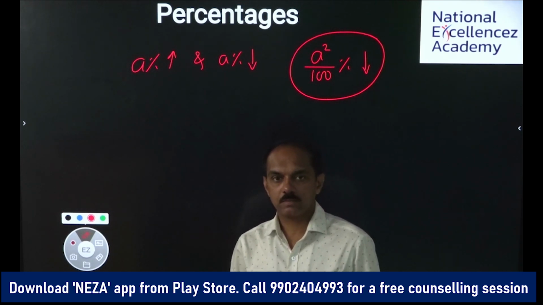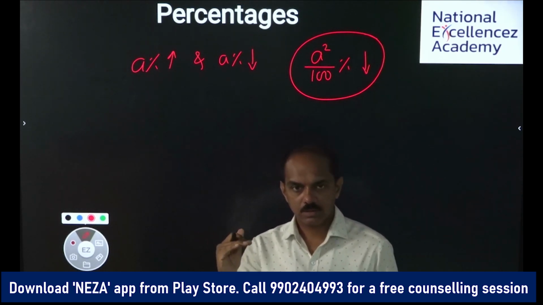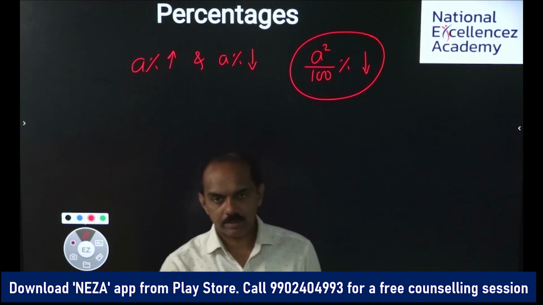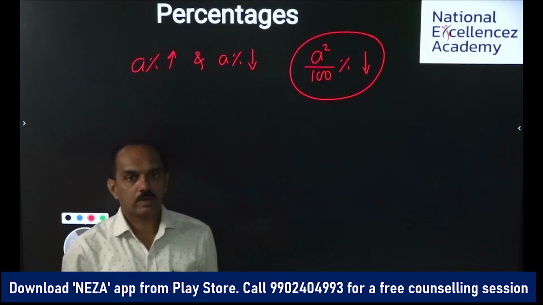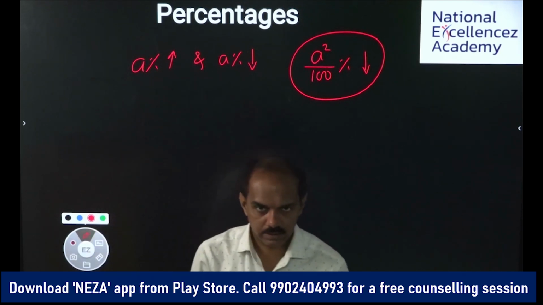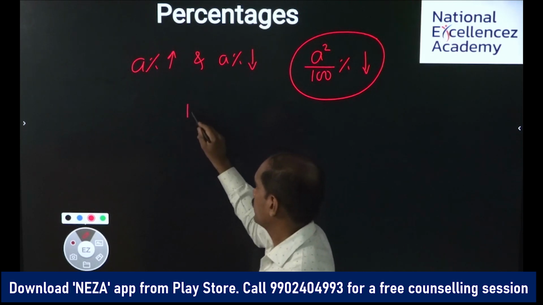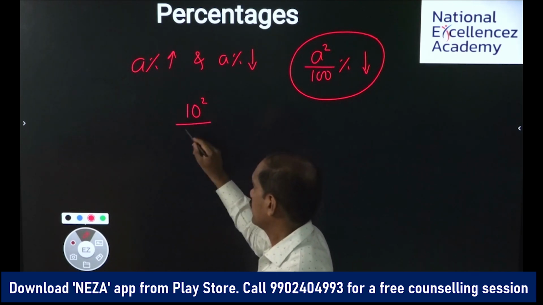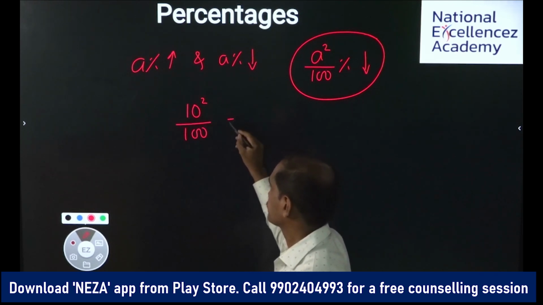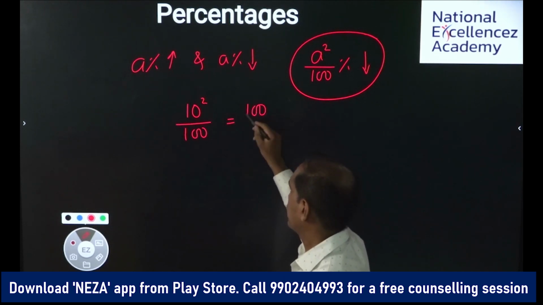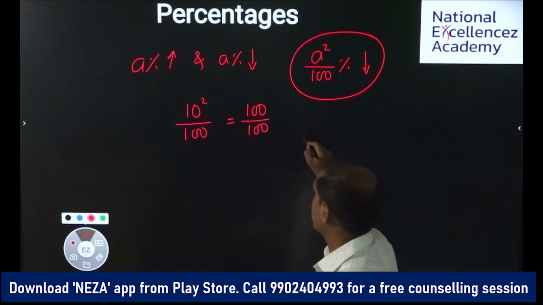When this type of question comes, you can go with this: 10 square by 100. This is 100 by 100, straight away 1%.